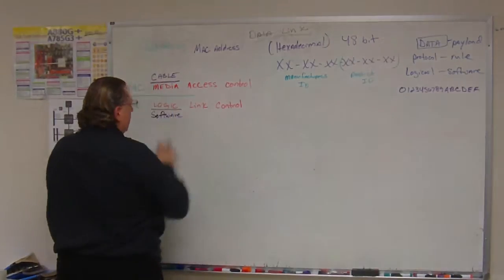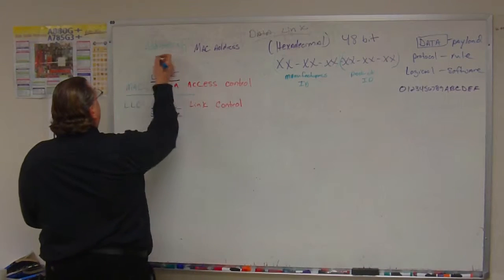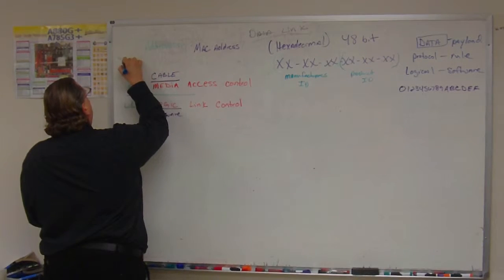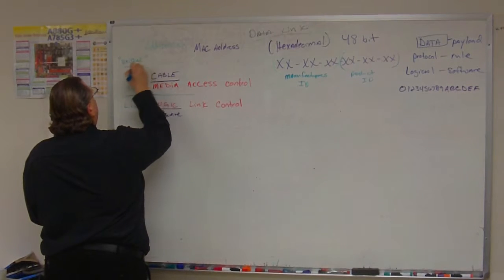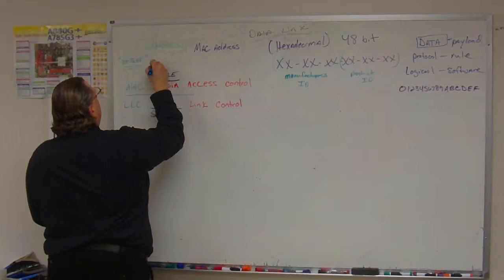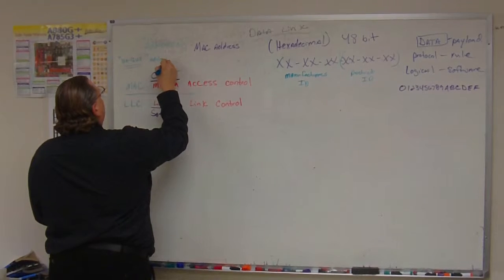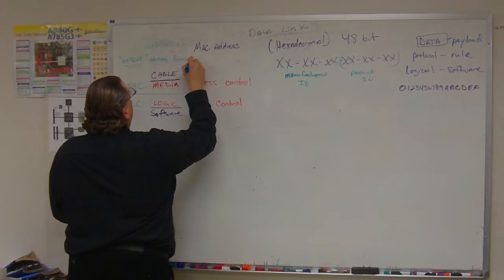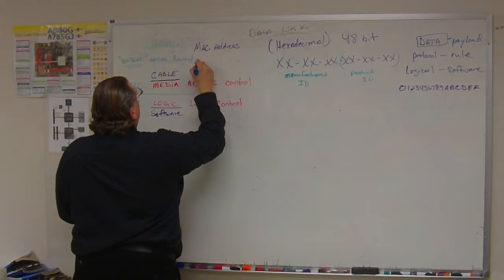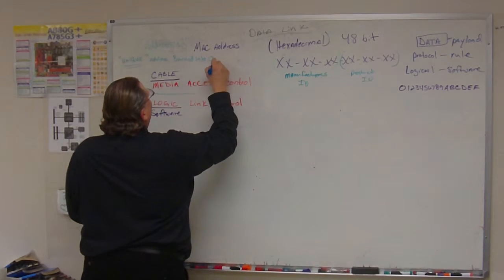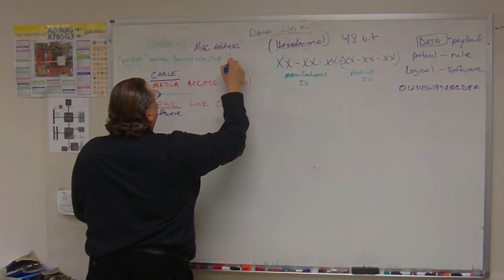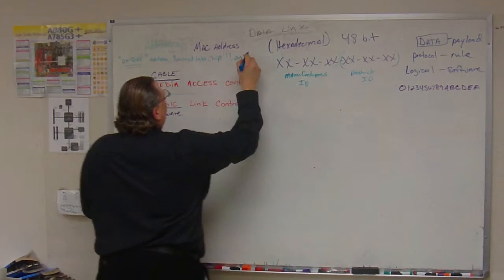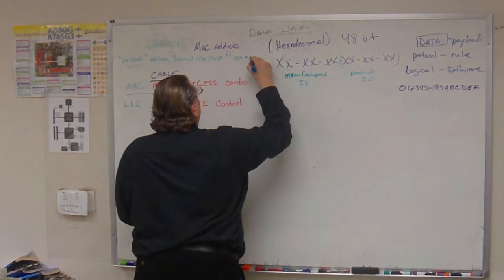So what is the MAC address? A unique address. And where is it located? In the chip. Burned into the chip.